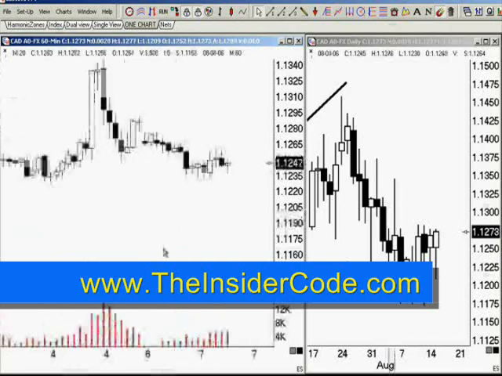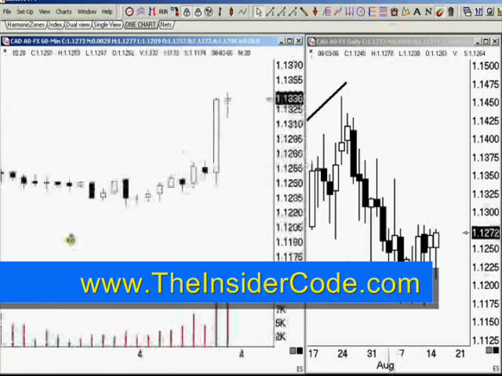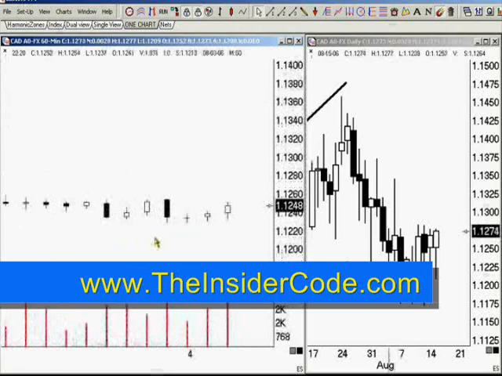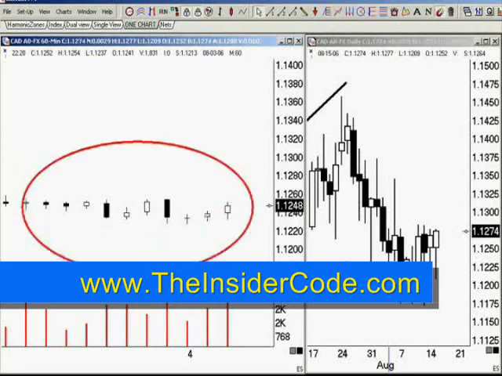Now, if we simply zoomed in to where those volume bars took up the charts, now we have a completely different picture, don't we? We're still looking at the low volume area that we had been observing before, but now we're looking at the low volume in comparison with itself.